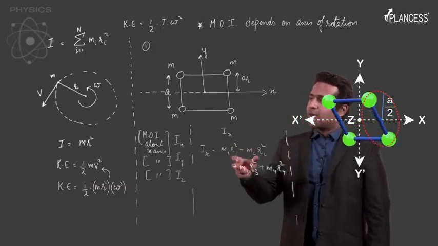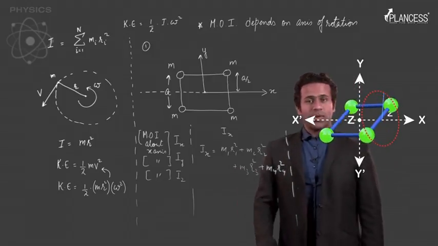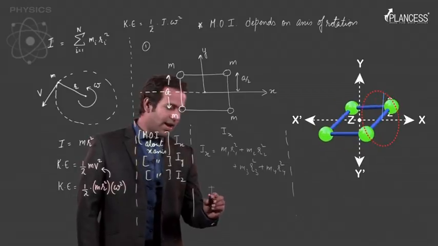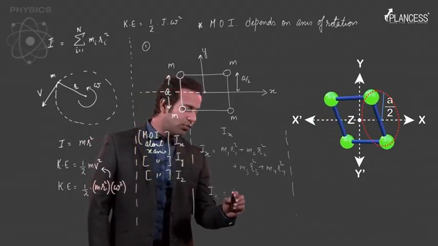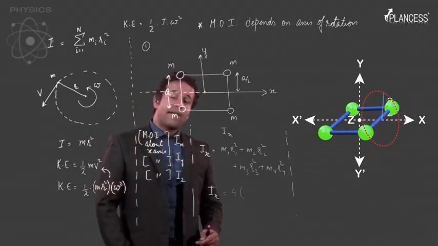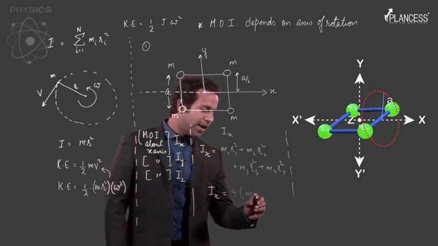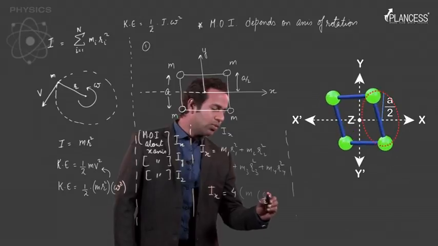Now in our particular example, we have a symmetric situation, so I might as well write this as Ix is equal to 4 times mr square for any one body, which becomes m into a by 2 whole square.